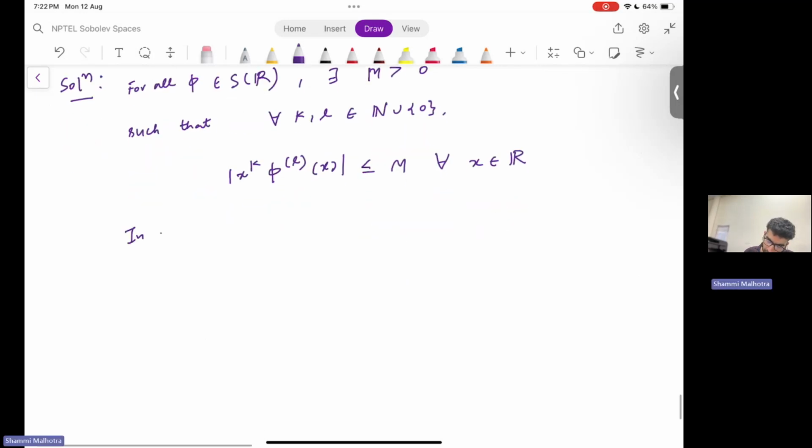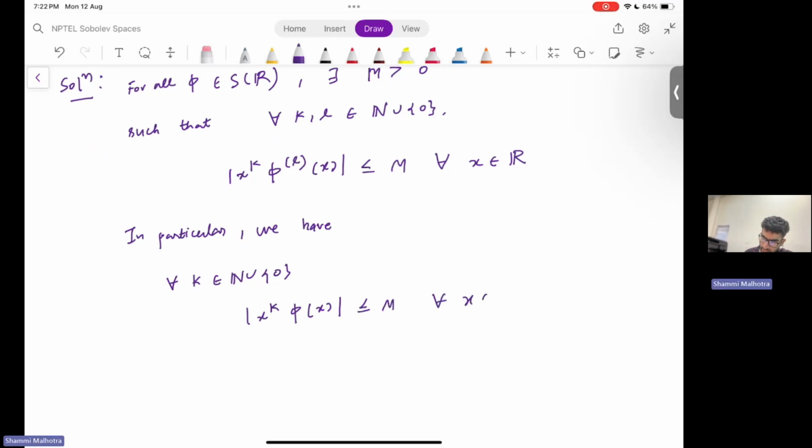In particular, for all k in the natural numbers union 0, the modulus of x^k phi(x) is less than or equal to M for all x in R. So again, the uniform bound.